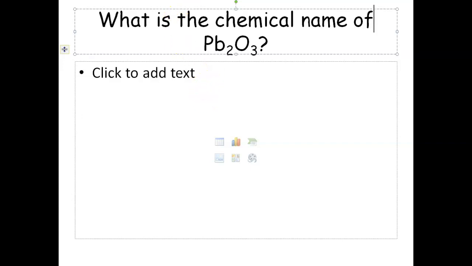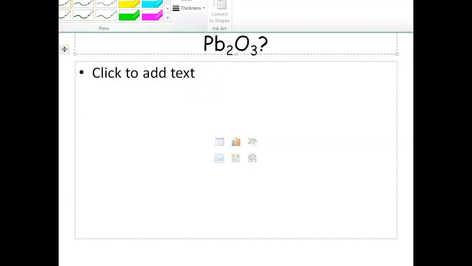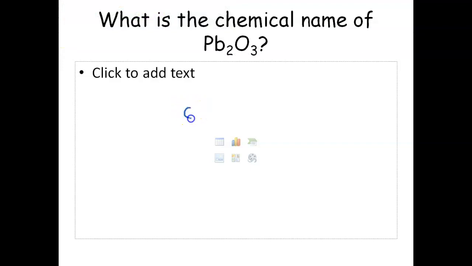So the first thing I like to do is start with the anion. We know that we have 3 oxygens that are needed. Remember that each of these oxygens has 6 valence electrons when they start.